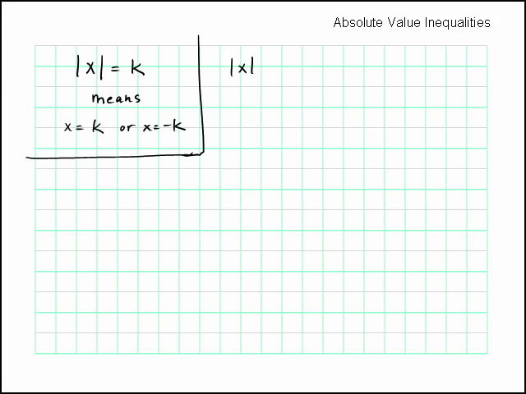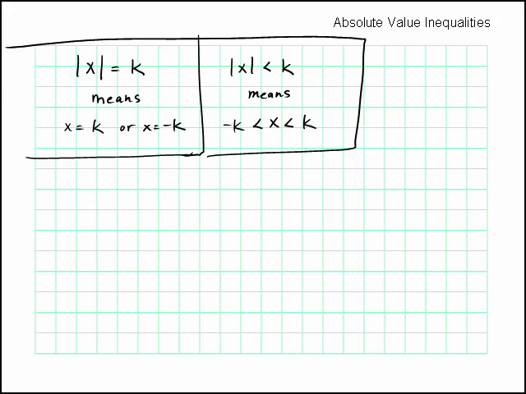The second pattern that we had was an absolute value less than k. If we have an absolute value less than k, then this means x is between negative k and positive k, like that.